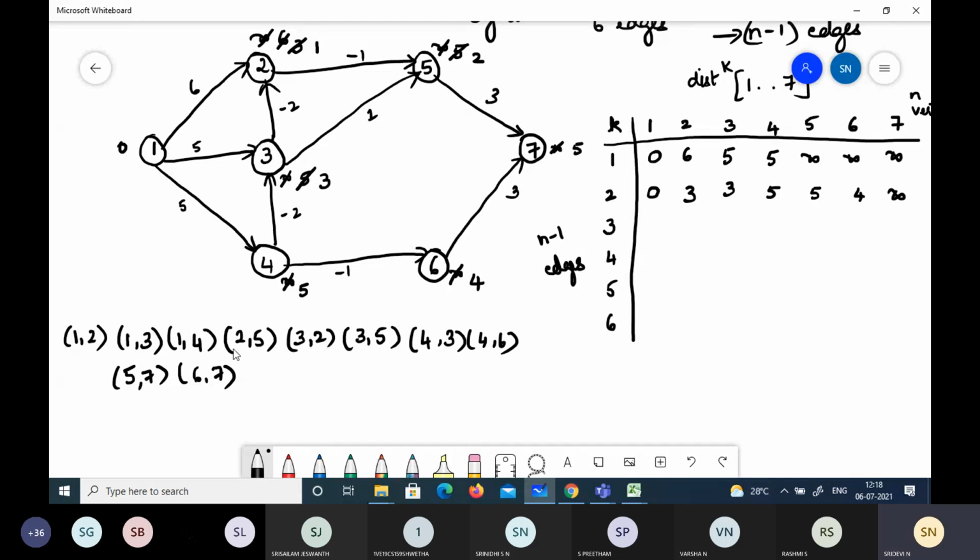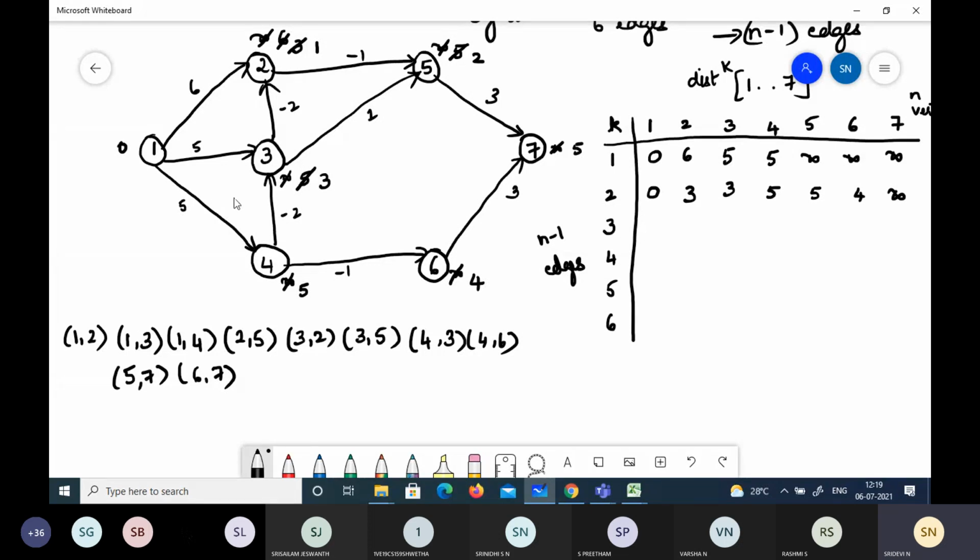Then we have 6 to 7: 4 plus 3 is 7 and the earlier value is 5. Which one is smaller? 5 only, so we will retain it as it is.